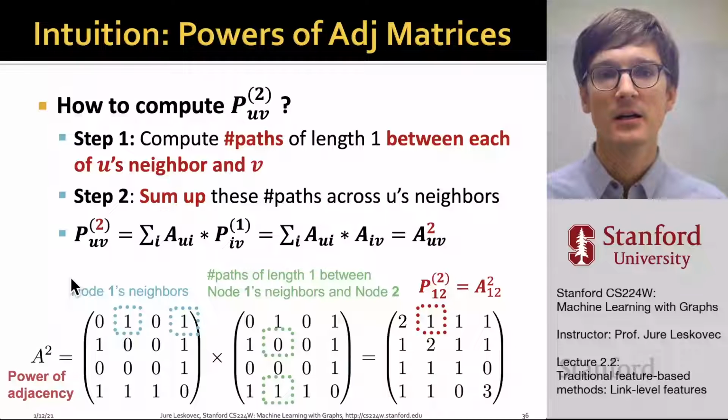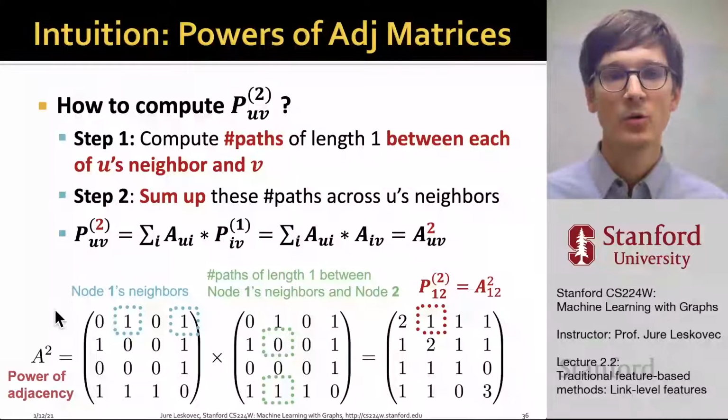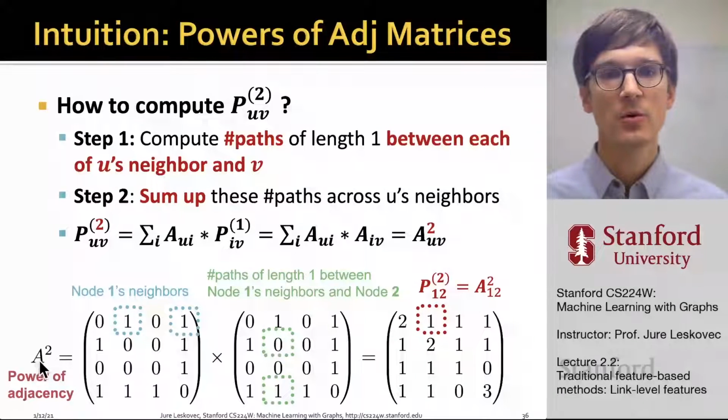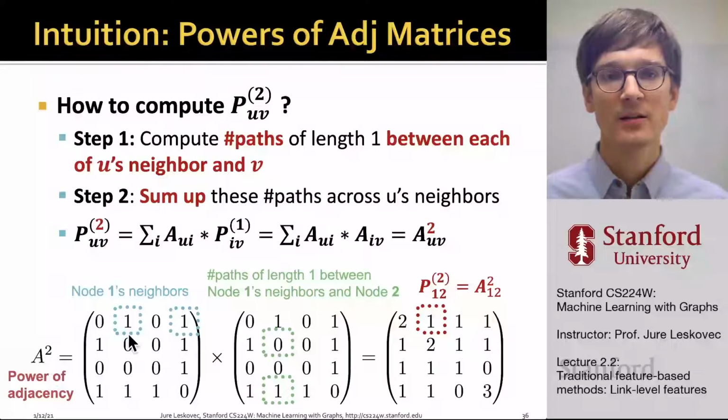Another way to look at this, here is a visual proof: what is A squared? A squared is A multiplied by itself. So when we are interested in a given entry, here these are neighbors of node 1. These are now the number of paths of length 1 between one's neighbors and node number 2.